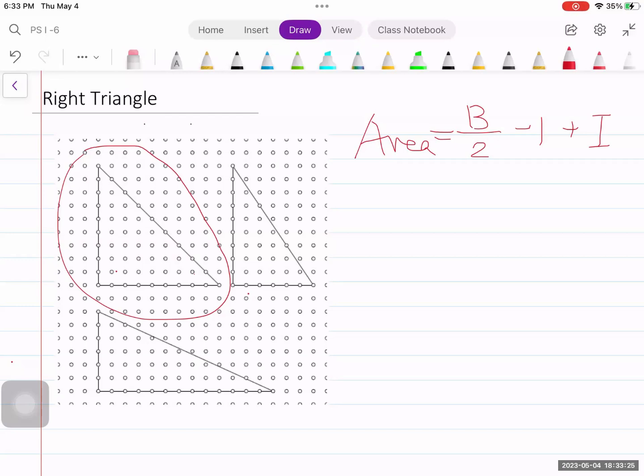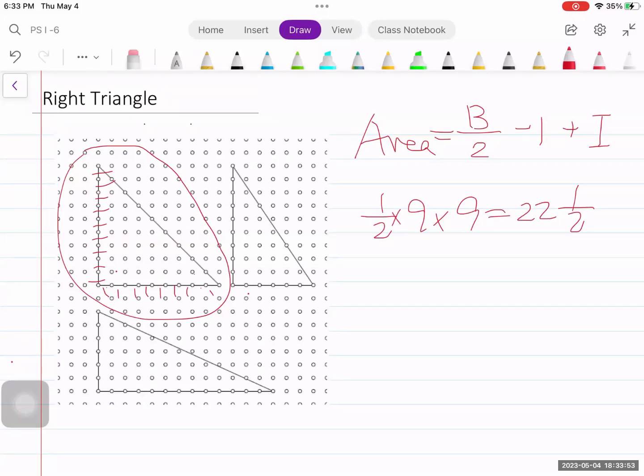Area is 40.5, I think. Why? We have the base is 1, 2, 3, 4, 5, 6, 7, 8, 9, right? And the height, I think it's also 9. The height is 1, 2, 3, 4, 5, 6, 7, 8, 9. So that's 22.5, right?